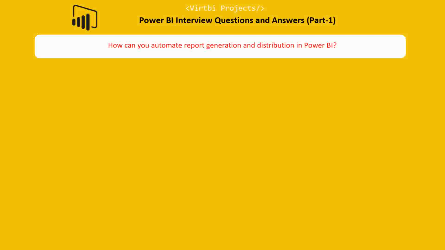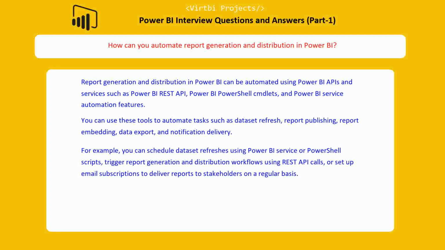How can you automate report generation and distribution in Power BI? Report generation and distribution in Power BI can be automated using Power BI APIs and services such as Power BI REST API, Power BI PowerShell templates, and Power BI Service automation features.